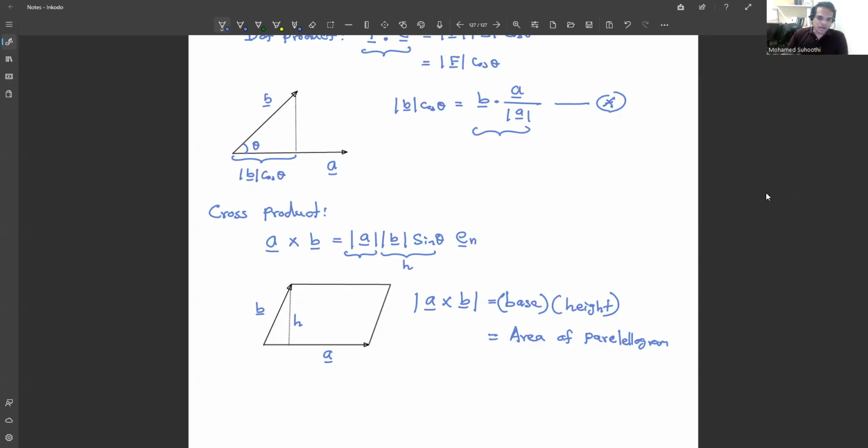So now I'm going to extend this discussion further to discuss something called the triple product, or the triple scalar product. For that, I will bring one diagram.